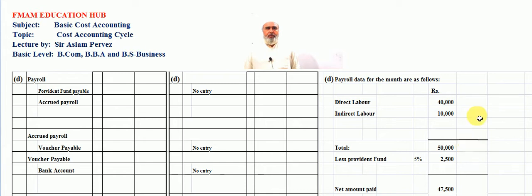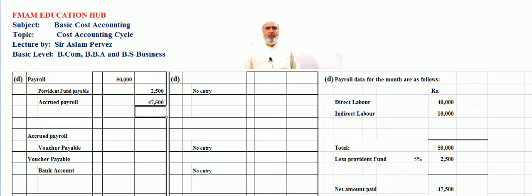Students, the gross payroll is 50,000 rupees. Now we charge this amount against payroll as a debit, 50,000 rupees. Provident fund payable is 2,500 rupees and accrued payroll is 47,500 rupees.